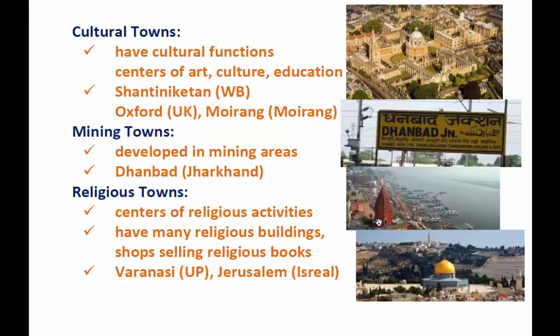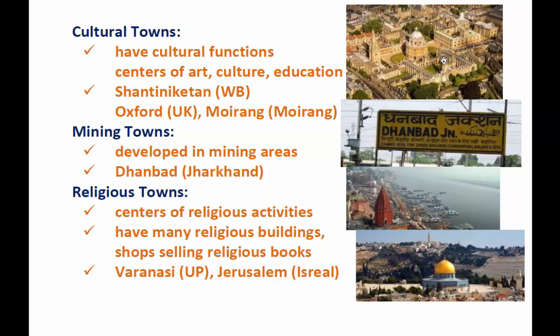Let's see the next one. Cultural towns. They have cultural functions, centers of arts, culture, education. Shanti Niketan, which is in West Bengal, is one of the examples. And also from the picture, this is Oxford, which is culturally very popular.